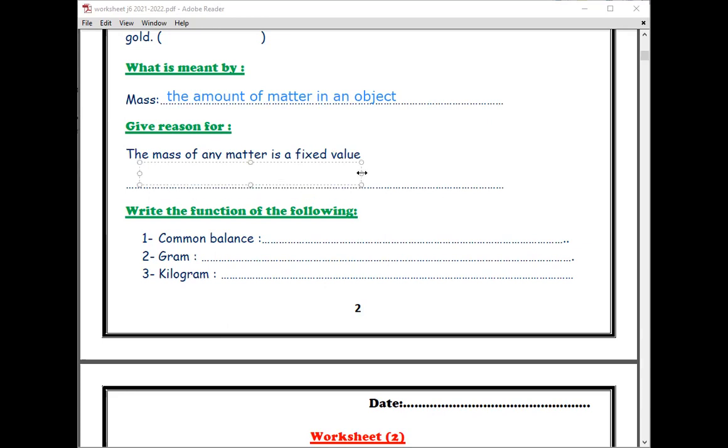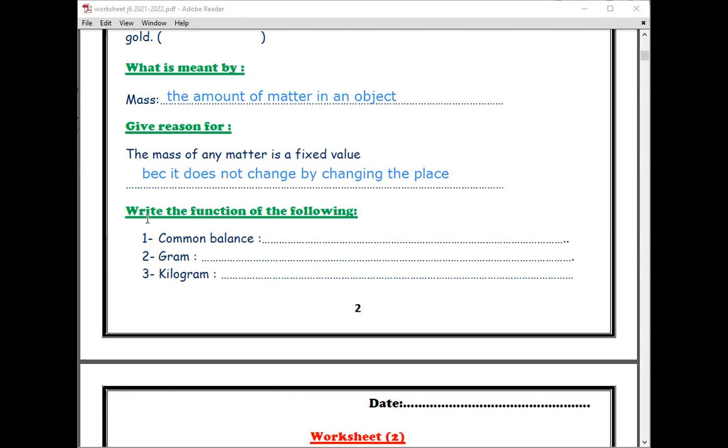I said to you that the mass doesn't change from one place to another. So the mass of any matter is a fixed value.